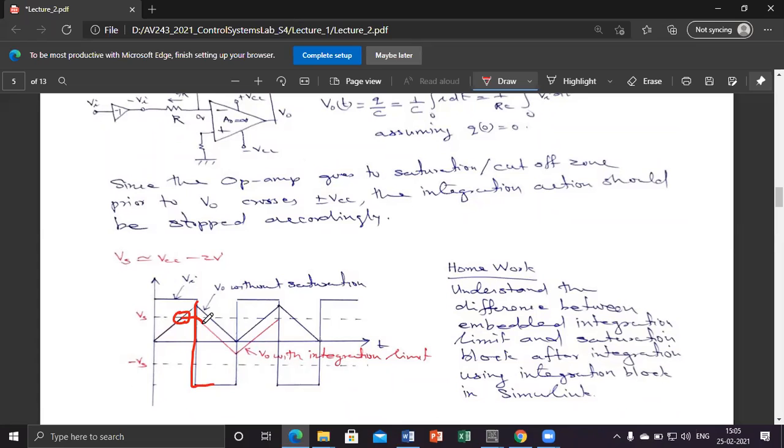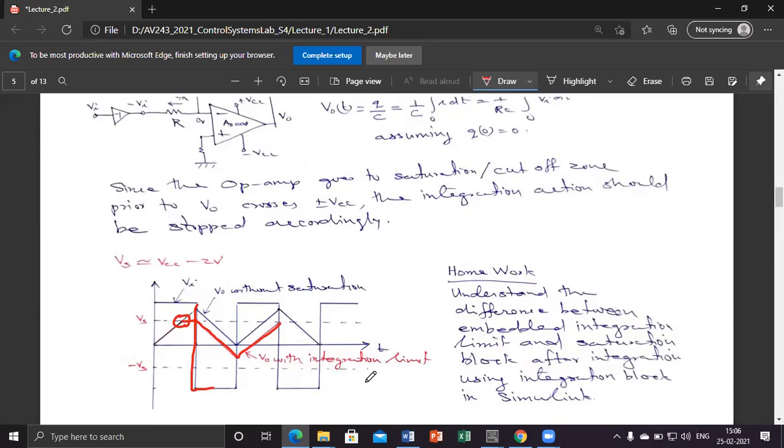So this is the profile. Then again, when it reverses, it will go opposite, and so after 2-3 cycles, things will settle and come to steady state. But I want to say one thing.